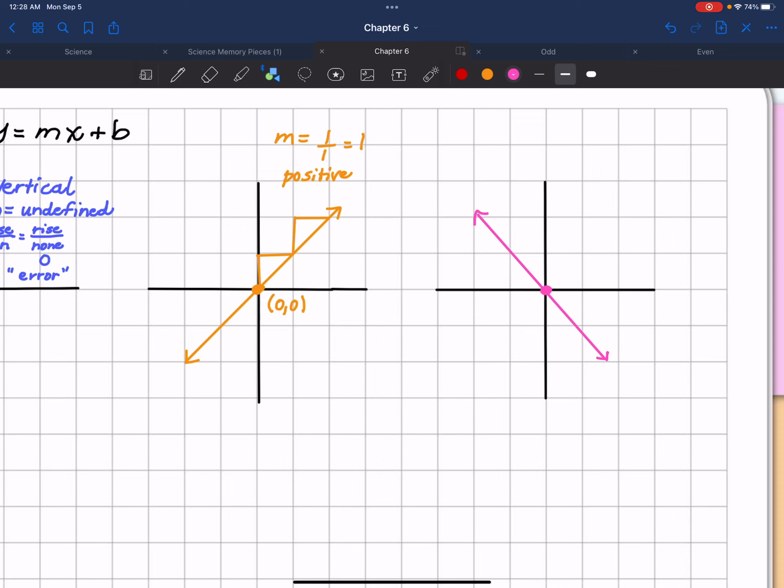We are going to drop 1, run 1. Drop 1, run 1. So slope is negative 1. So we would say that this line has a negative slope.